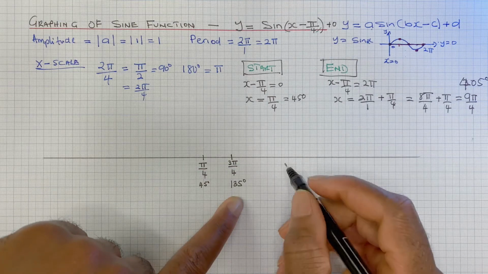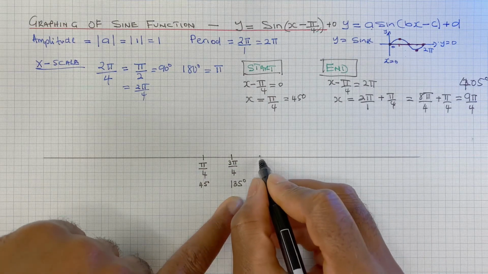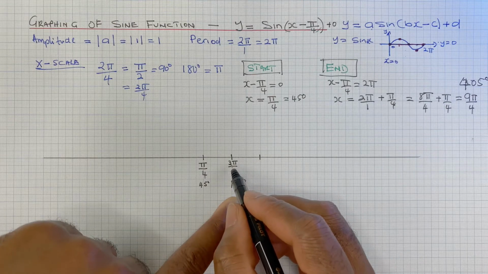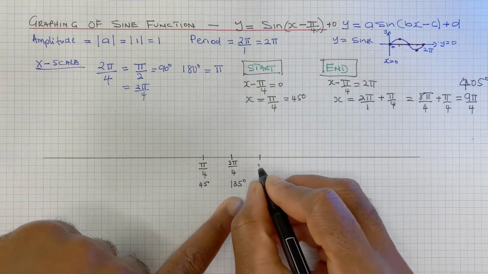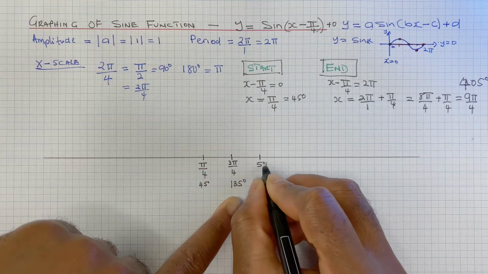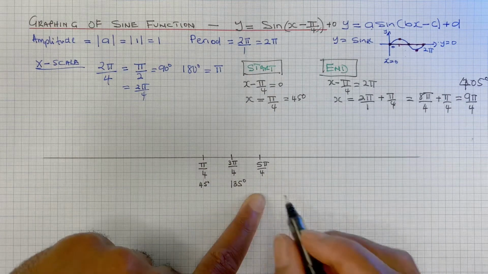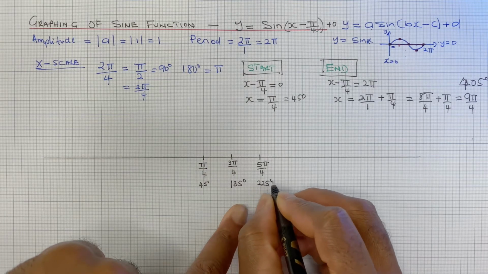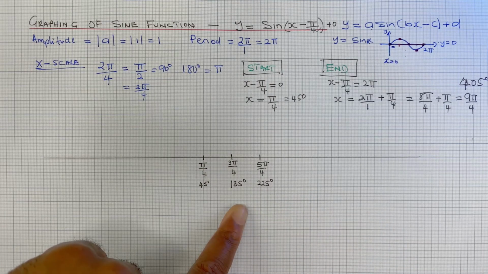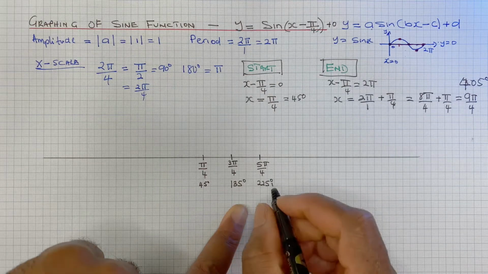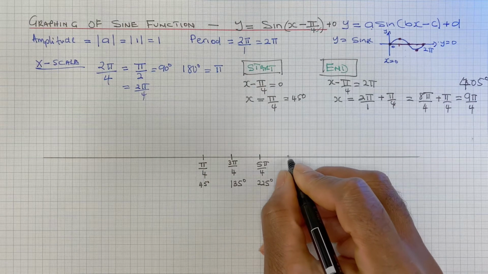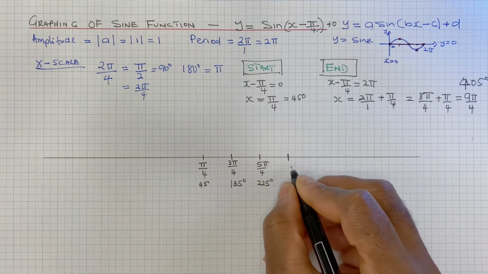And next along, we need to add another 2 pi over 4. Well, 2 pi over 4 plus 3 pi over 4 should be 5 pi over 4. And I can see that that will be 225 degrees, because if I times 45 by 5, I'll get 225 degrees. So that's what that is, 225 degrees. Now I need to add another 90 degrees there.